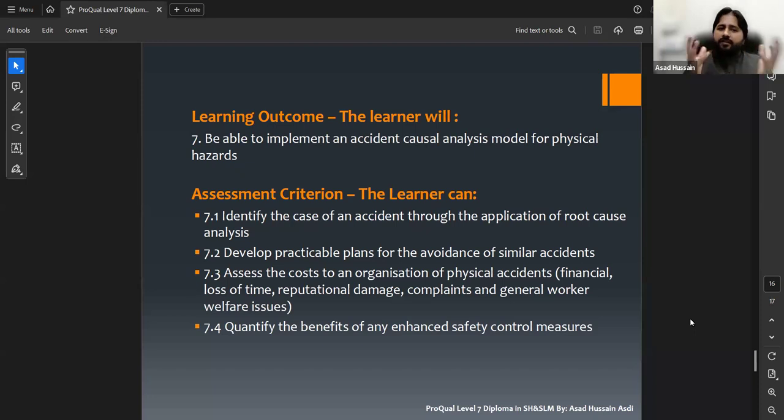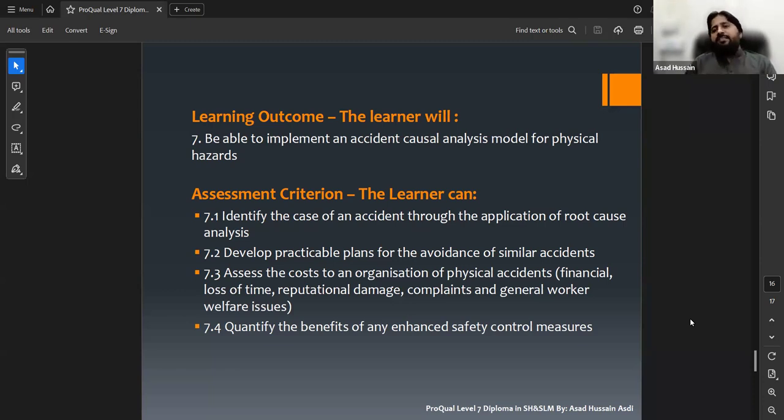So in case of any accident, you have to show the application of root cause analysis. Here you can provide evidence of how you are investigating the incident or accident.